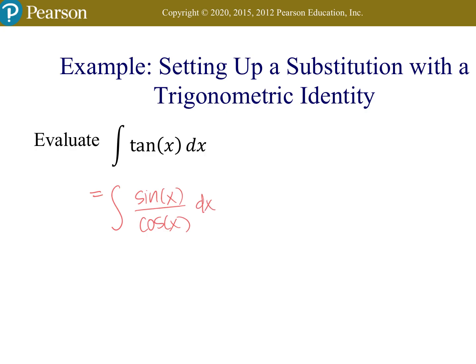So the trig substitution comes first, and then we choose part of that as our u substitution. Good practice is to choose the denominator. So choosing cos x as our u means that negative sine of x is our du dx.